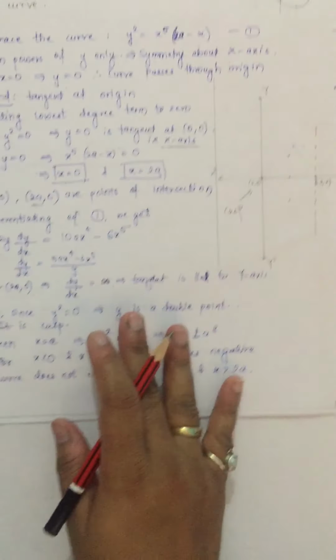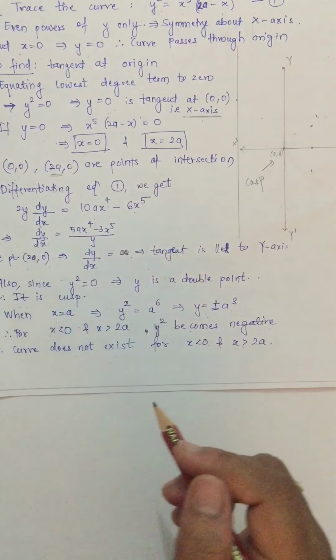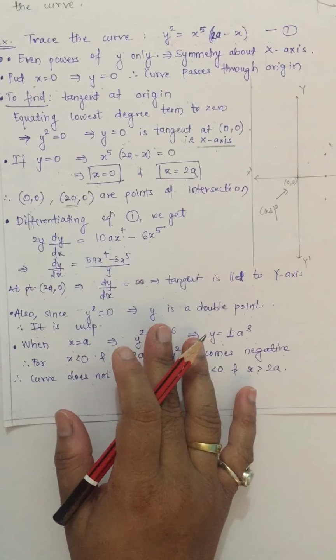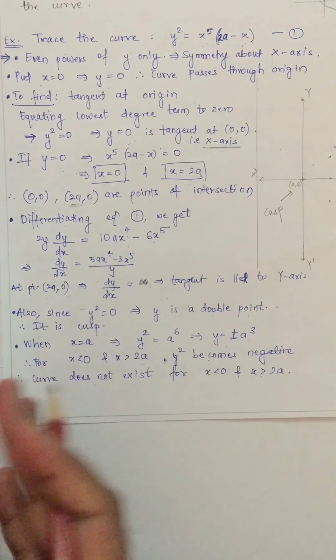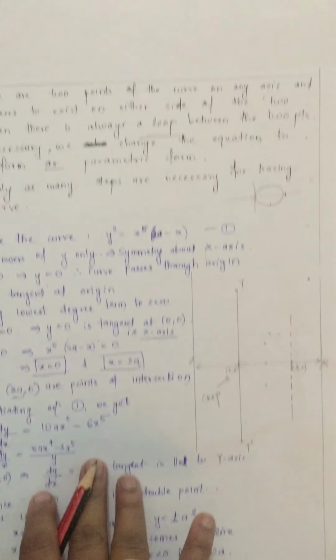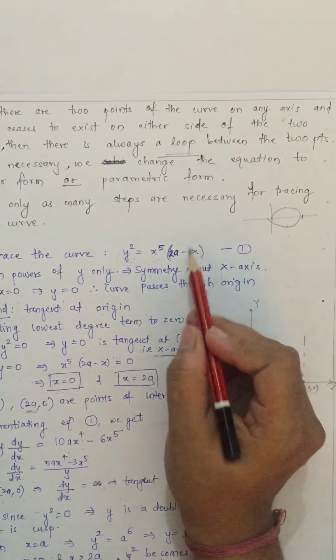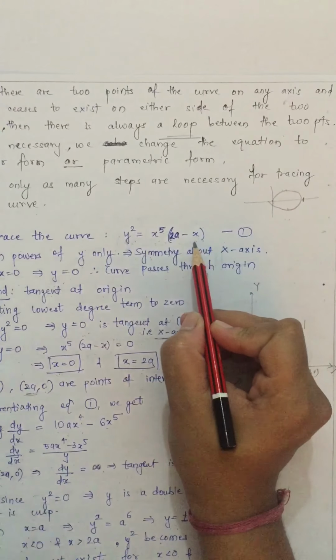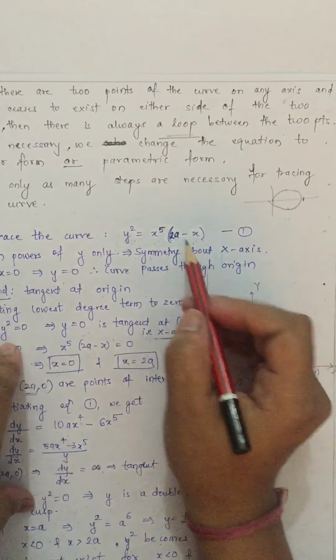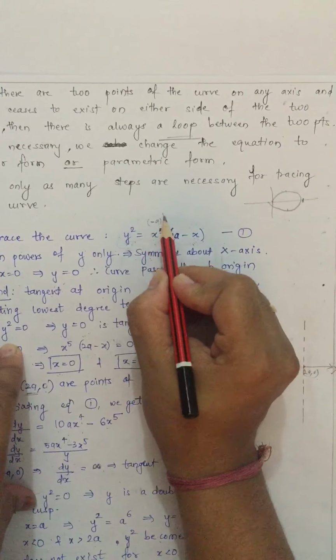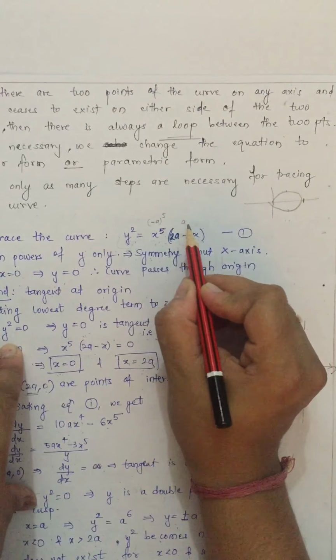We also see the region of absence of the curve, which means where the curve does not lie. Suppose I substitute a value less than 0 in place of x, say x equal to minus a. This becomes minus a raised to 5 into (2a minus a), that is a.